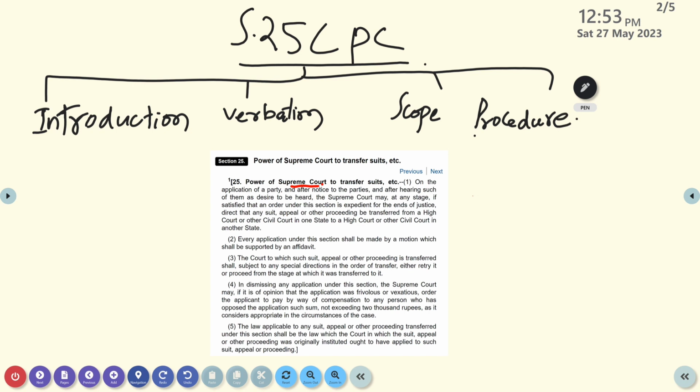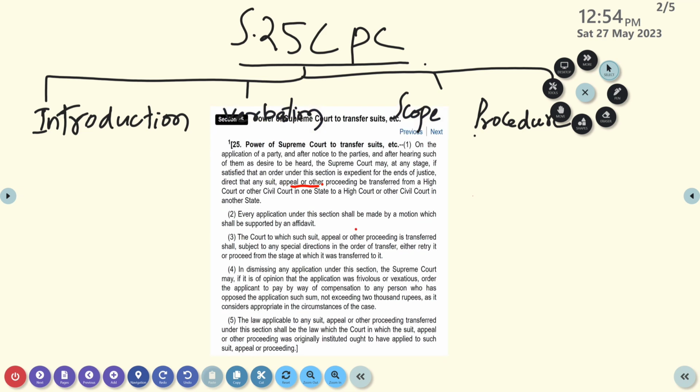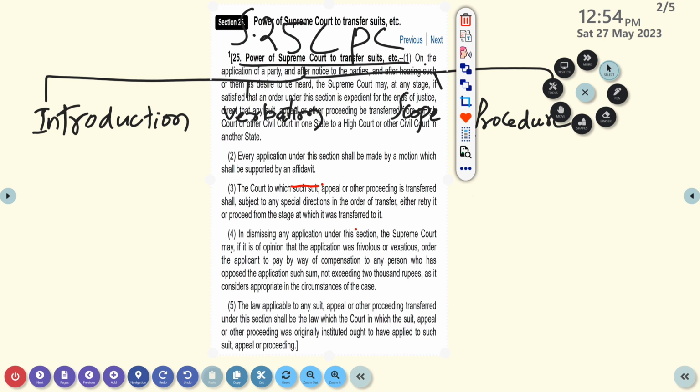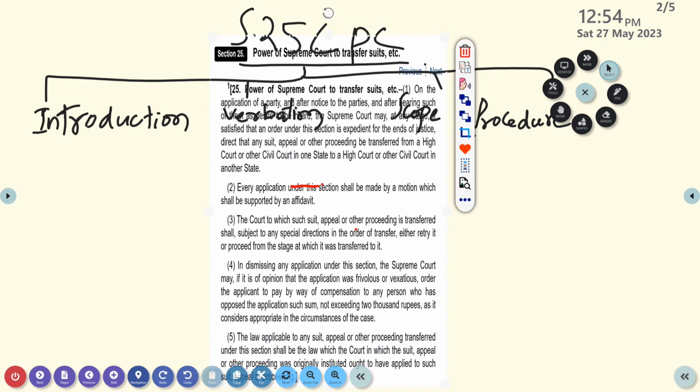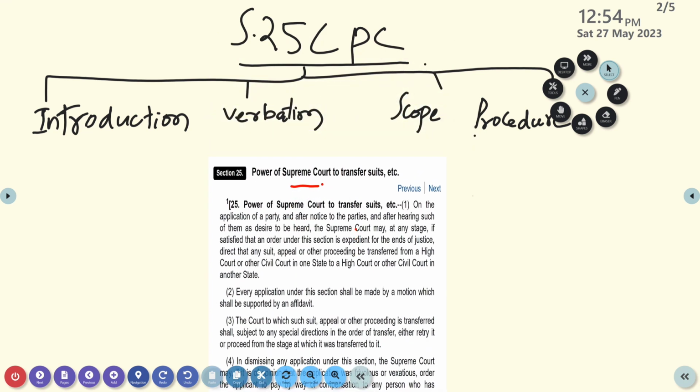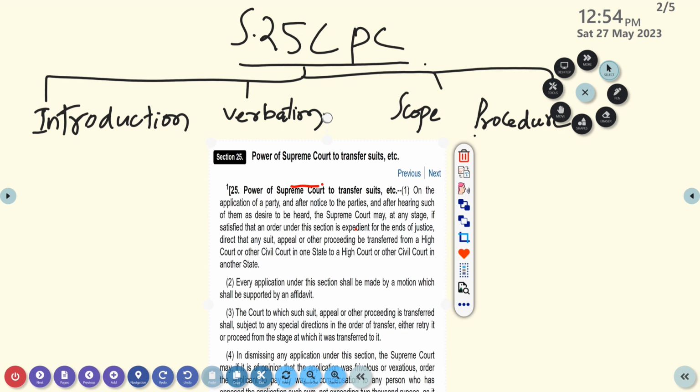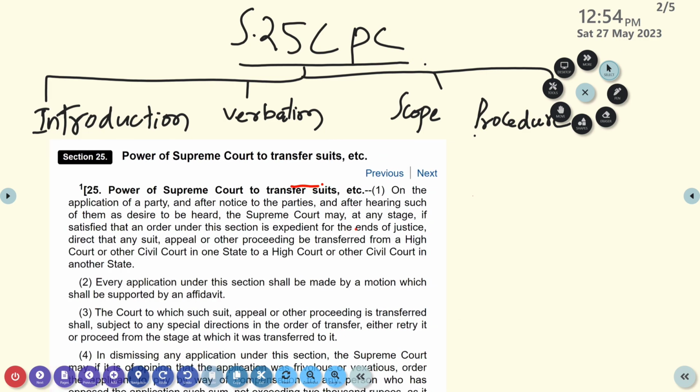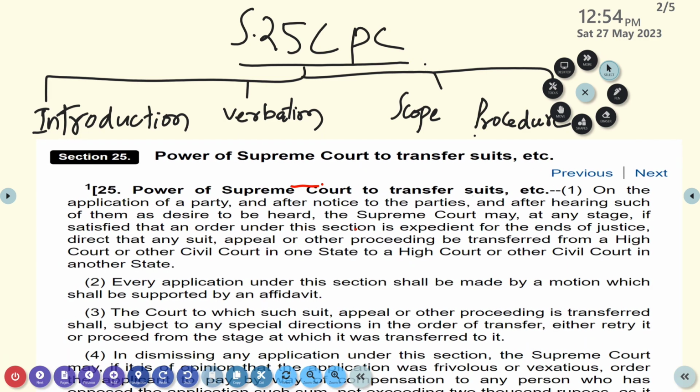On the application of a party, here a party means any party.